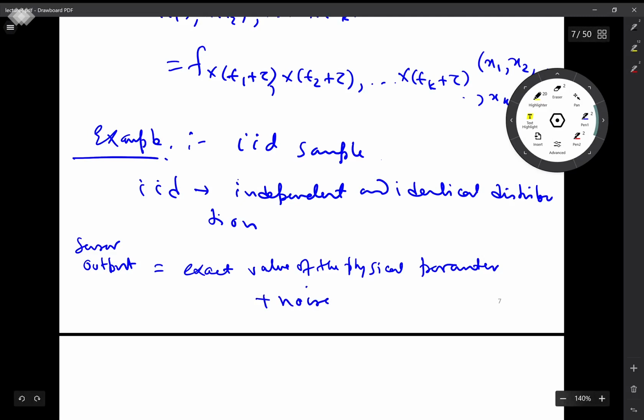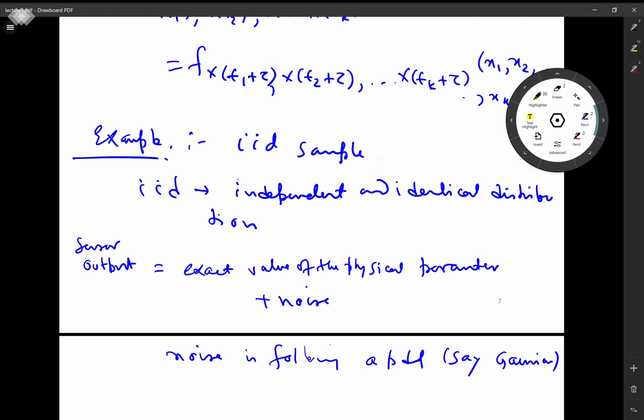Let us assume that the noise is following a PDF, say a Gaussian PDF.